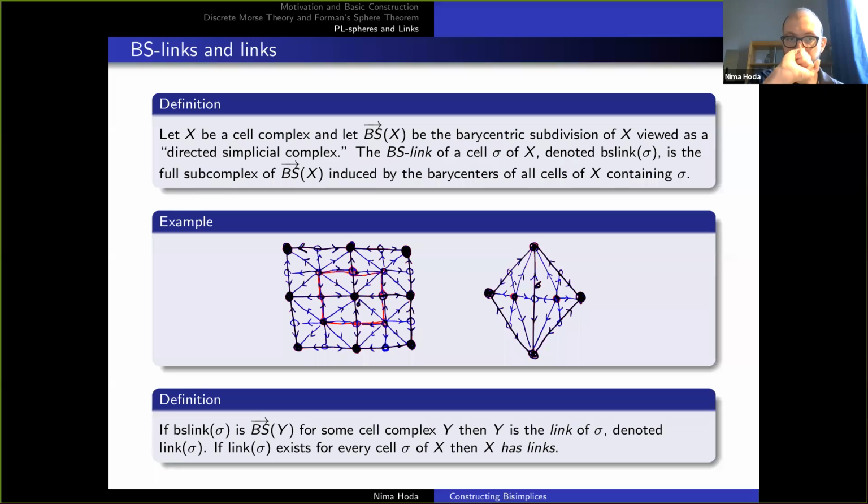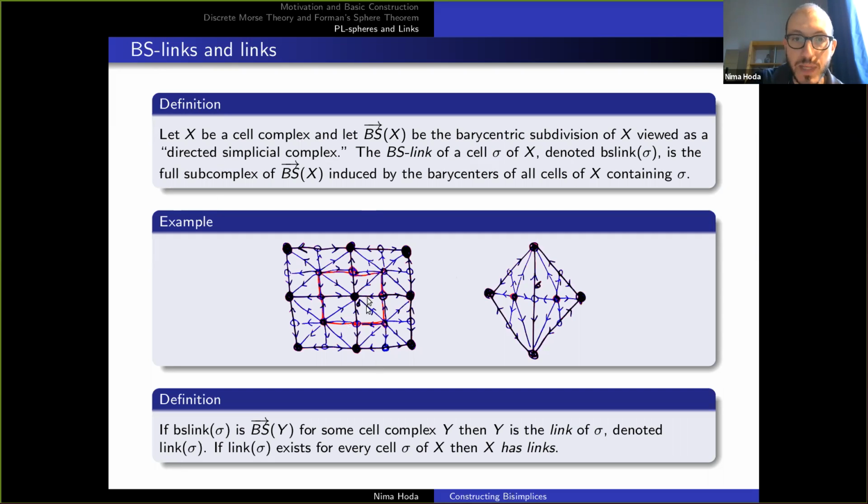So that's a natural way to direct the edges. The BS link of a cell sigma, which we're going to denote BS link of sigma, is the full subcomplex of BS of X that's induced by the barycenters of all cells of X that contain sigma.